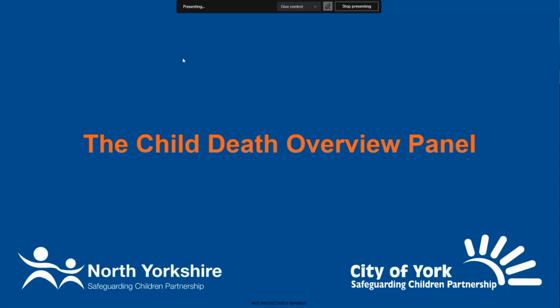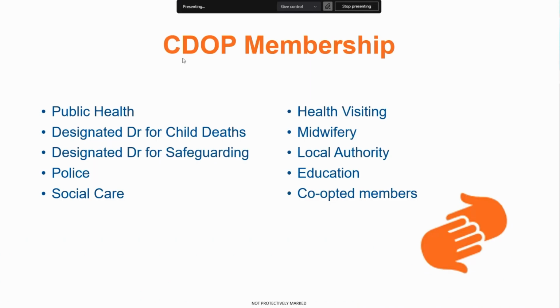So when we get to the child death overview panel, the CDOP, as it's otherwise known, consists of any partners from public health. We have the designated doctor for child death, which obviously Sally, the designated doctor for safeguarding. We have North Yorkshire Police would be our local force that would attend the meetings because they go across North Yorkshire and the City of York.